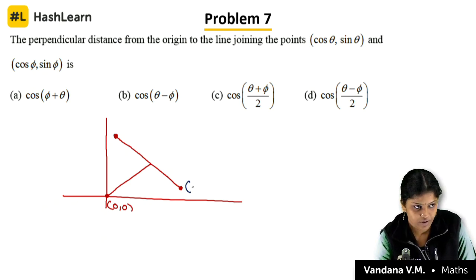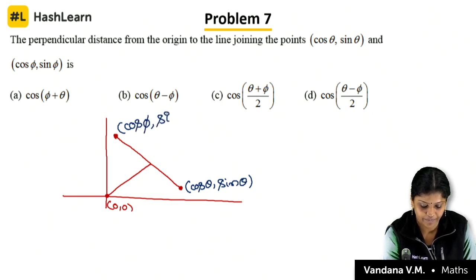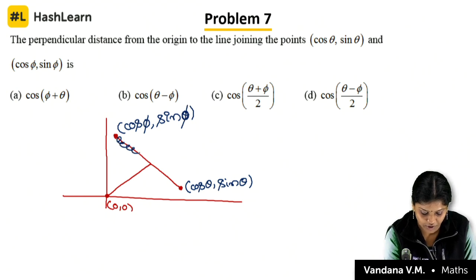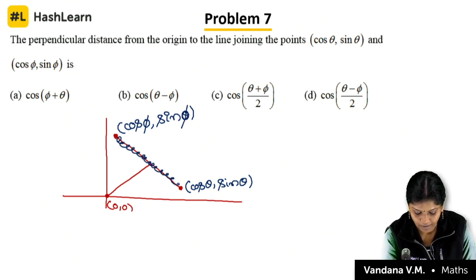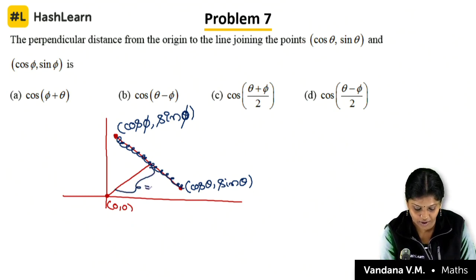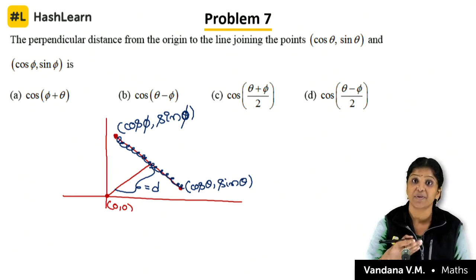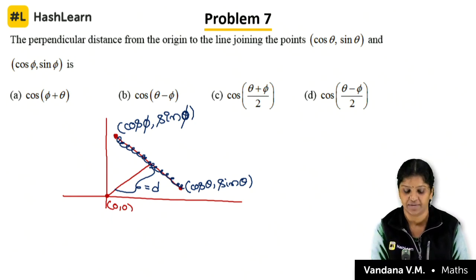What are the points? cos theta comma sin theta, cos pi comma sin pi. Like this, I am having one line equation. For this line, I would like to find out the distance. From where I have to find out the distance? From the origin I have to find out the distance.